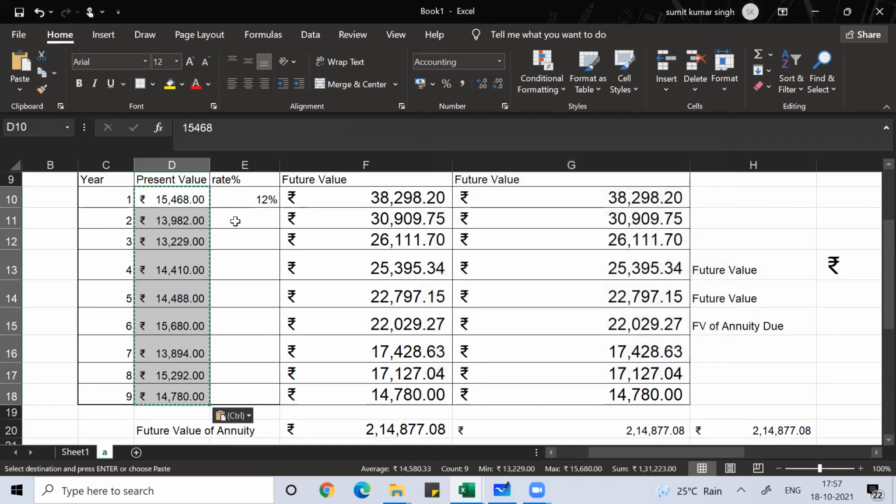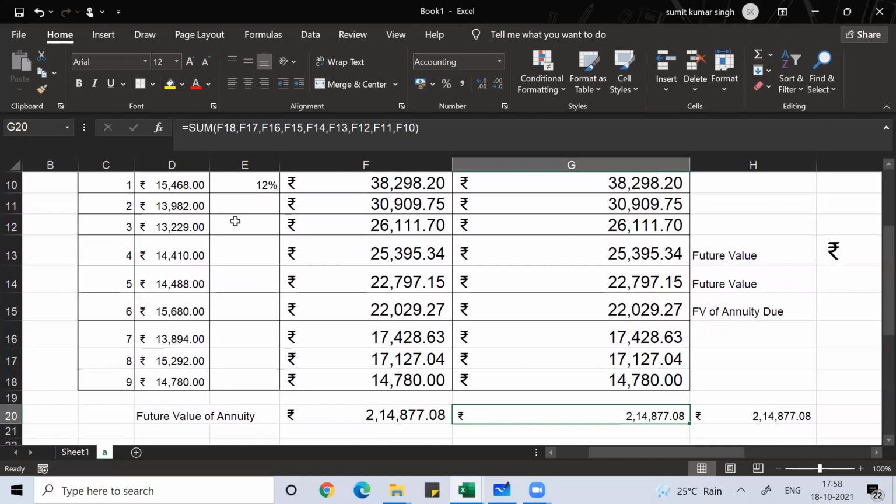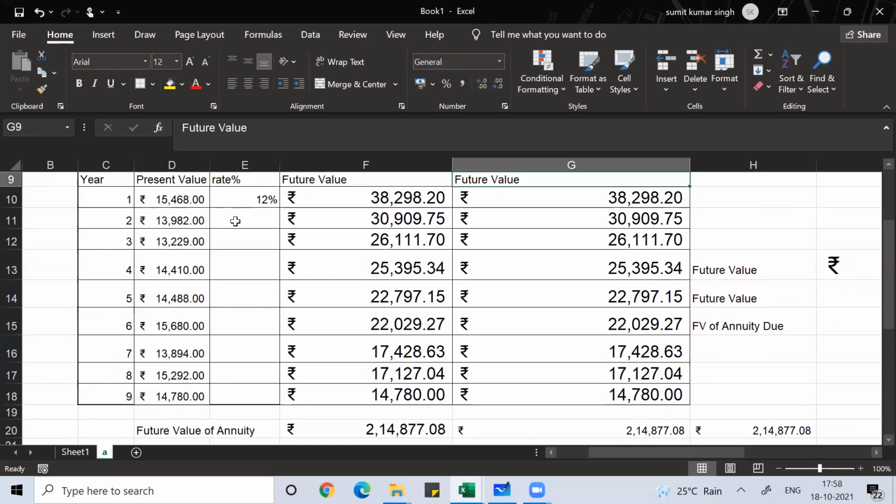Okay, so remove the formula. So then if the amount you're depositing is not the same, then you cannot use the formula of future value of annuity, where the annuity concept will not work. Then individually only you need to calculate the future value, and then you know how to find the sum, right? So that is how the process works.